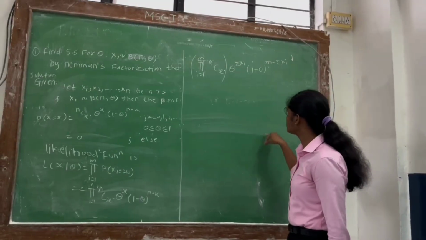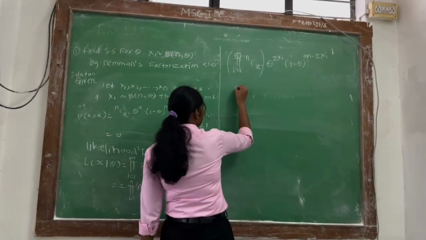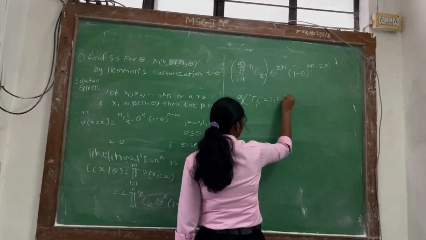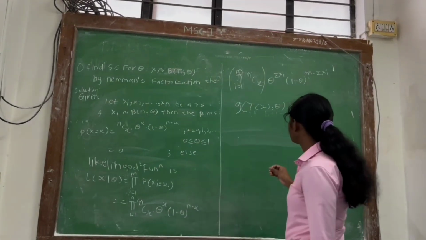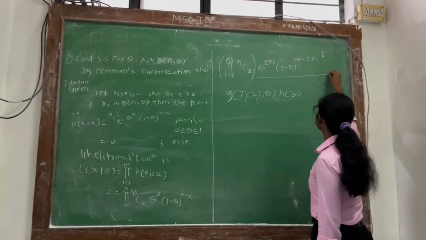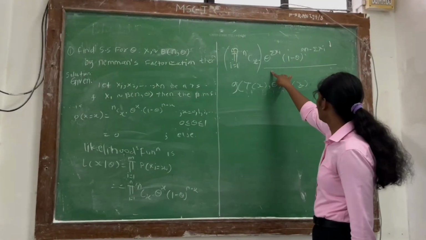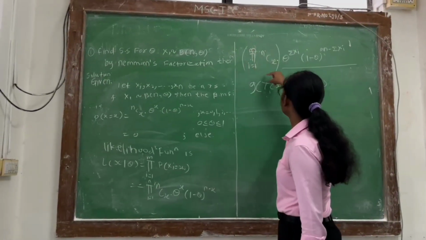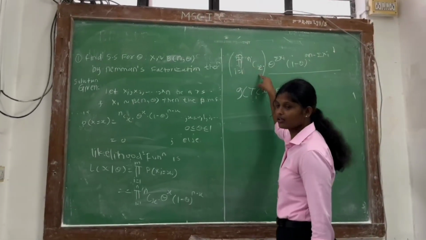Now we have to compare this equation with g of t, theta into h of x bar. So here we can see this term is a function of x and theta, and here the function of theta or the parameter is not involved anywhere.